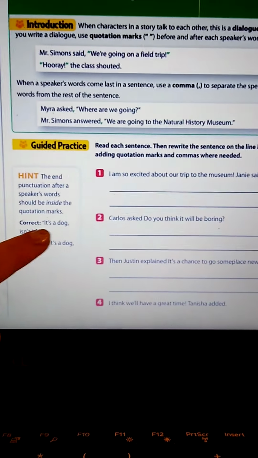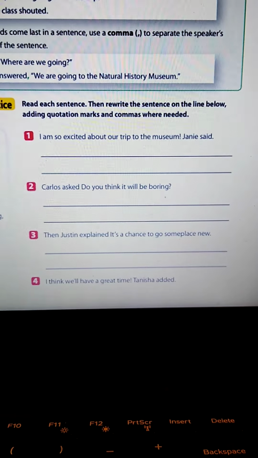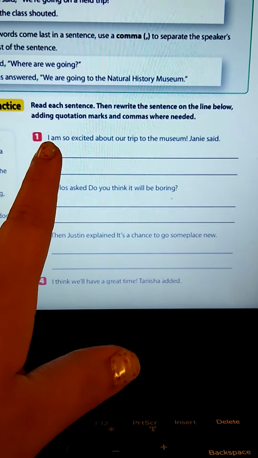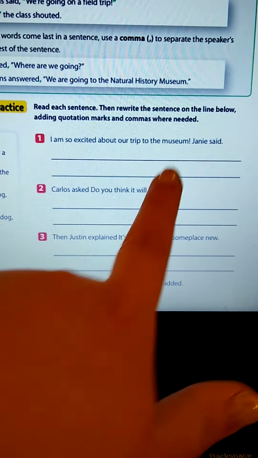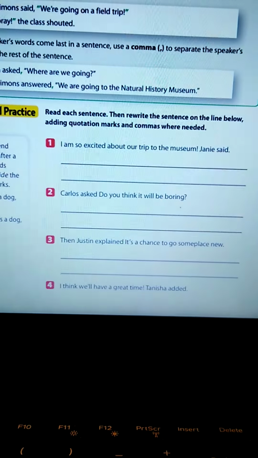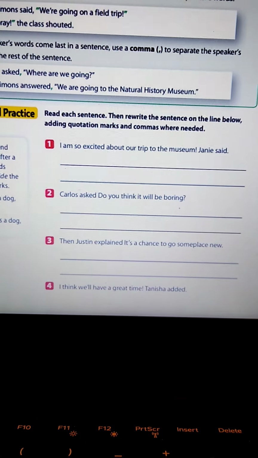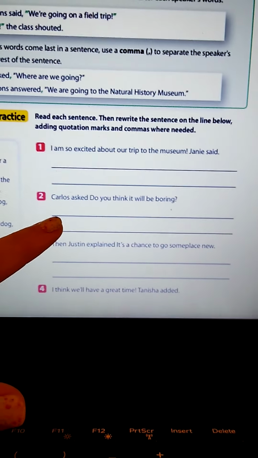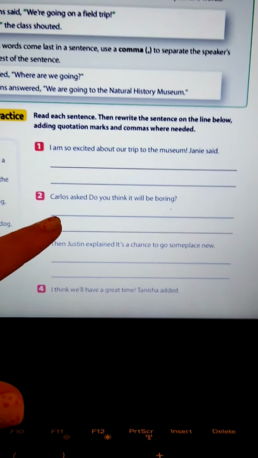So, if we look at these examples, "I am so excited about our trip to the museum," Janie said. We would put quotation marks starting at I, and the quotation mark after the comma, and then Janie said is who said it, so it does not get a quotation mark. Carlos asked, "Do you think it will be boring?"